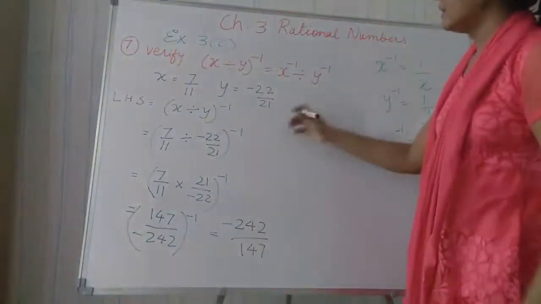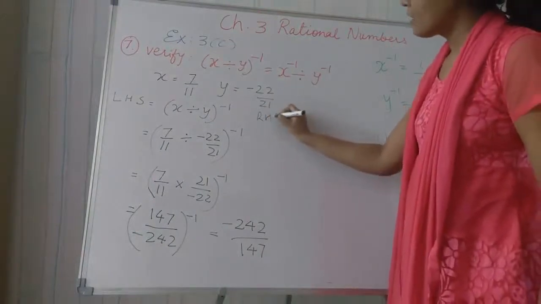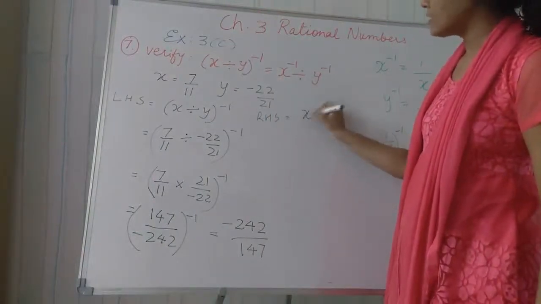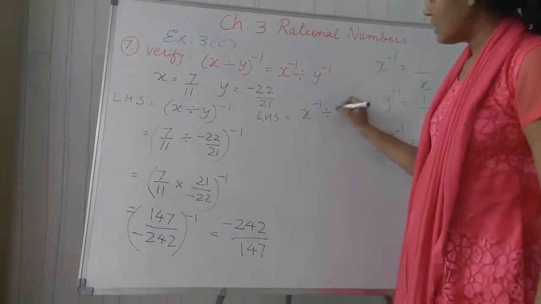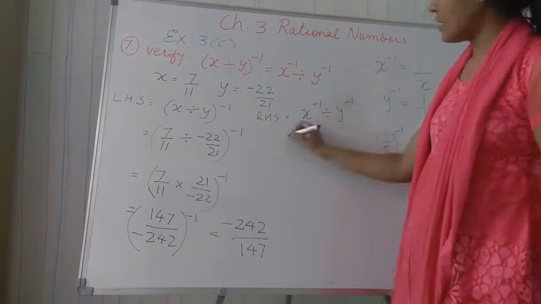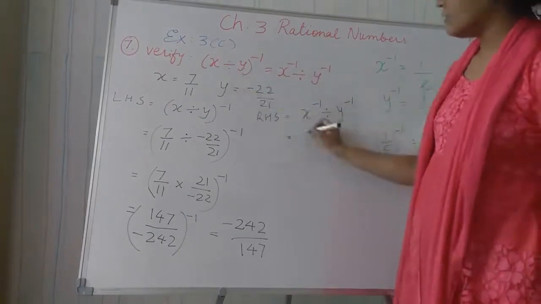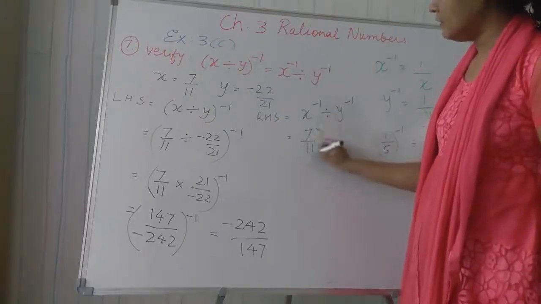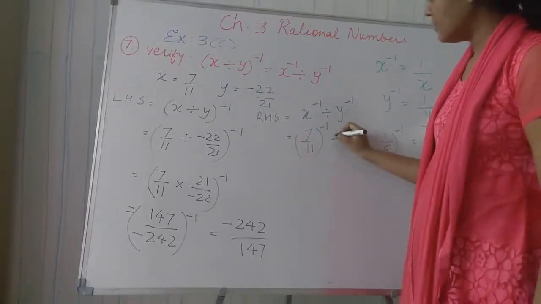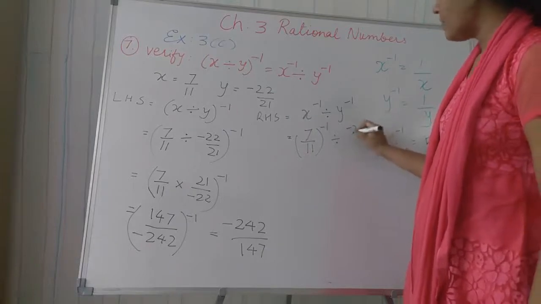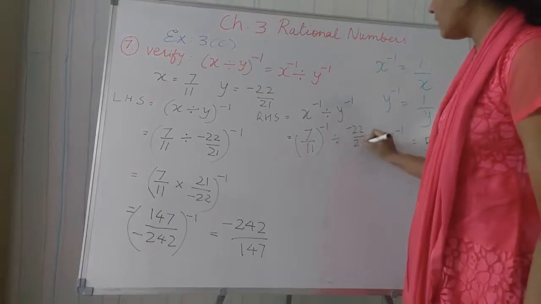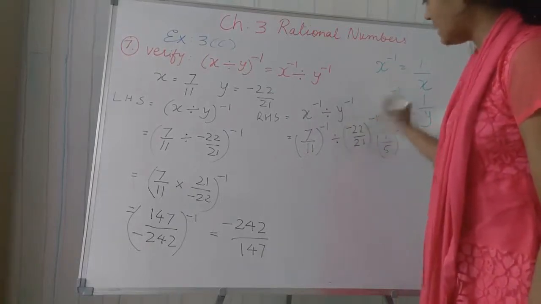So I will write here RHS. In right hand side we have x raised to minus 1 divided by y raised to minus 1. So x is given as 7 by 11 power minus 1. Y is minus 22 by 21 power minus 1.